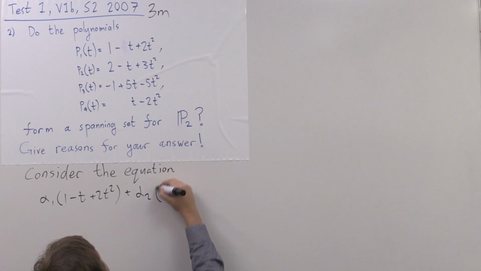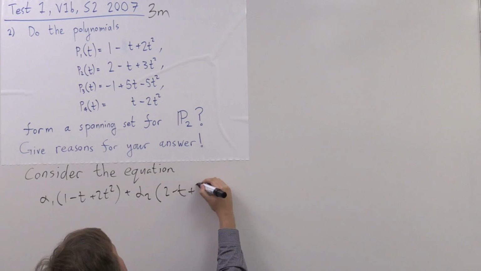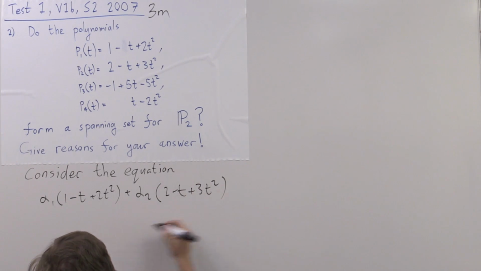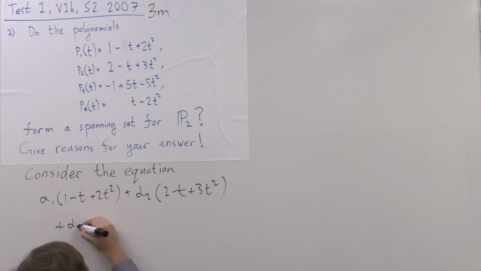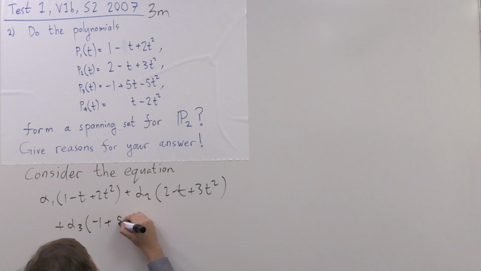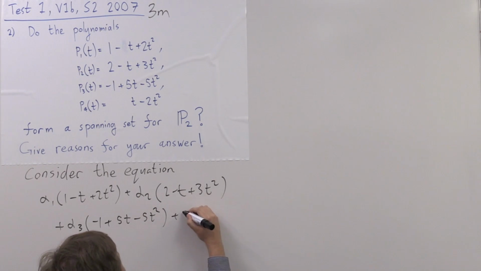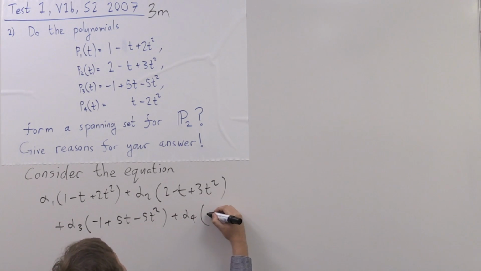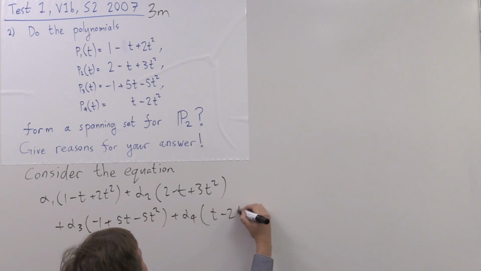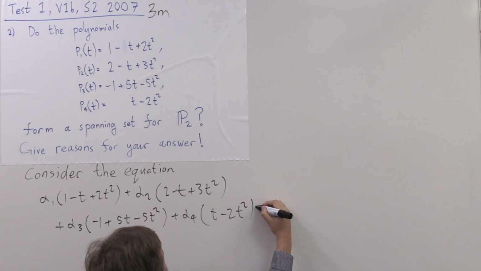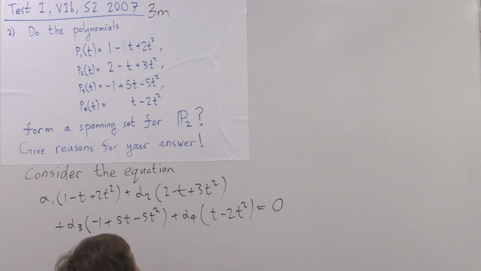Plus alpha 2 times (minus t plus 3t squared) plus alpha 3 times (plus 5t plus 5t squared) plus alpha 4 times (t minus 2t squared) equal to the 0 polynomial.